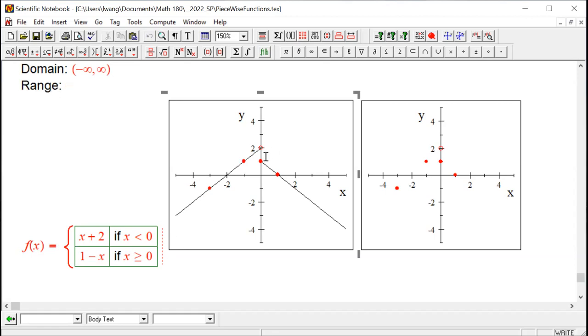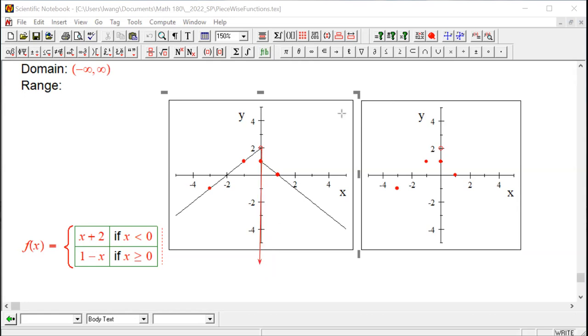The range obviously is going to be less than 2, because from here, from 2, it never reaches 2. It's always a little bit less than 2. So it's from negative infinity to 2, from here all the way down below.